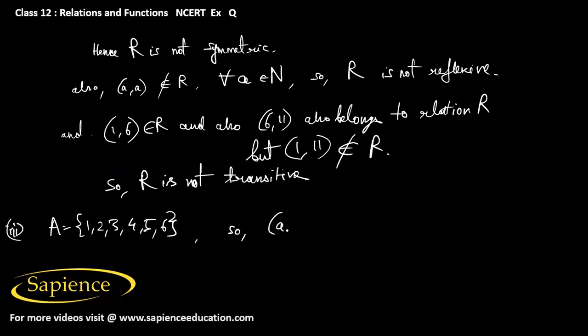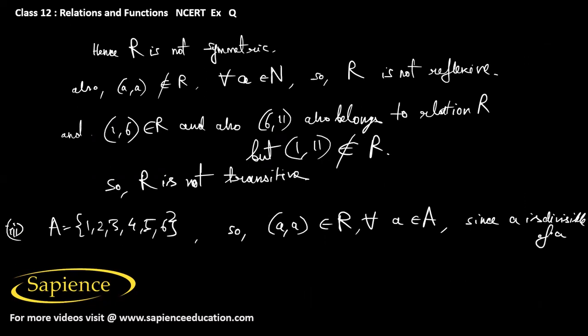So I can say that (a, a) belongs to the relation R for all a belongs to the set A, since a is divisible by a. So the relation R is reflexive.